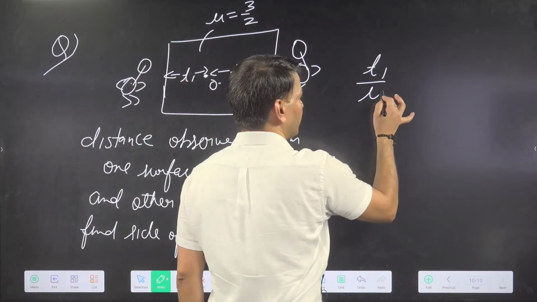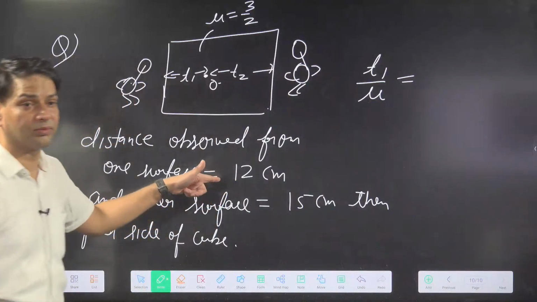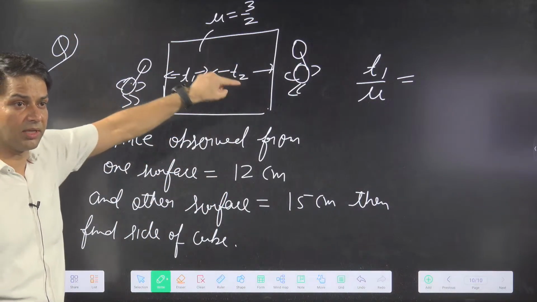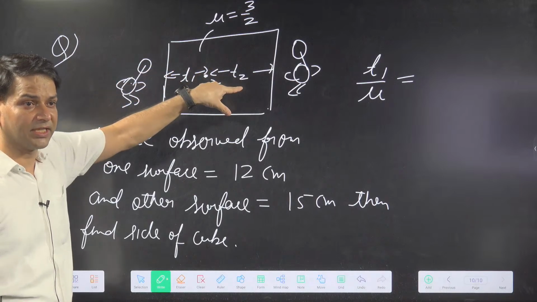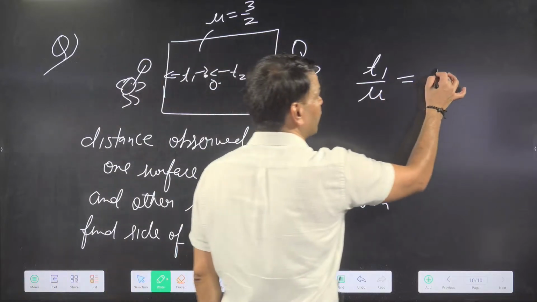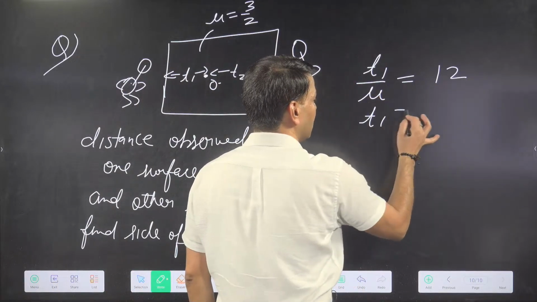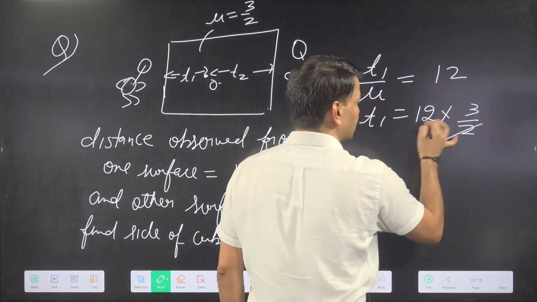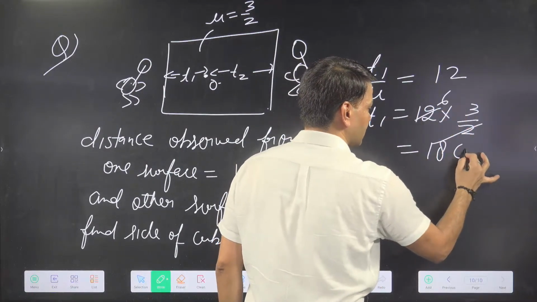T1 by mu is what he observed, 12, because the object is in the denser medium and the observer in the rarer, like fish and man. The apparent depth is h by mu, so T1 by mu equals 12. T1 is 12 into mu, and mu is 3/2, so we got 18 centimeter.